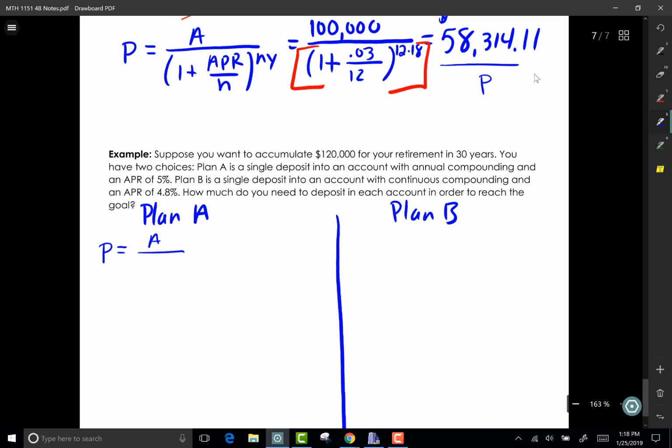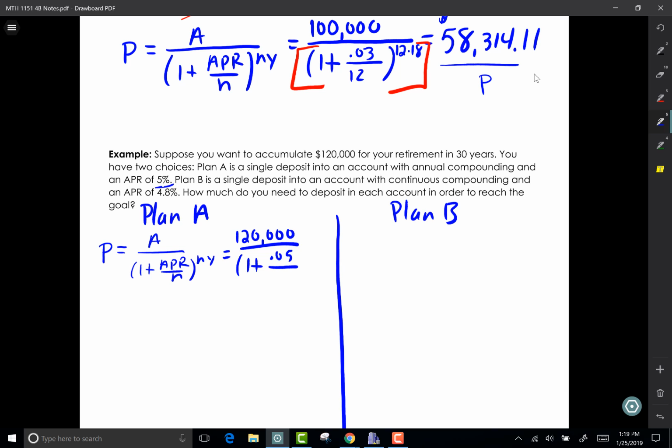So we have A over (1 plus APR over n) to the ny. Our accumulated amount that we want to have is 120,000. We're going to divide that by 1 plus, for Plan A, 5% interest, so 0.05 over, and since it's annual compounding, that's once a year, so I'm going to put 1 under there for my little n.